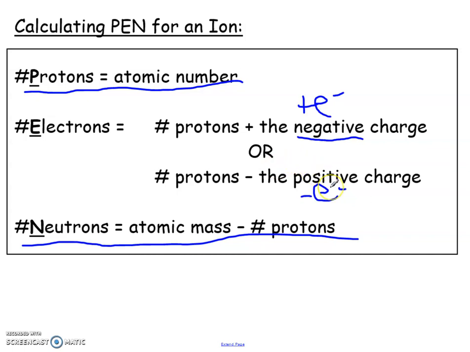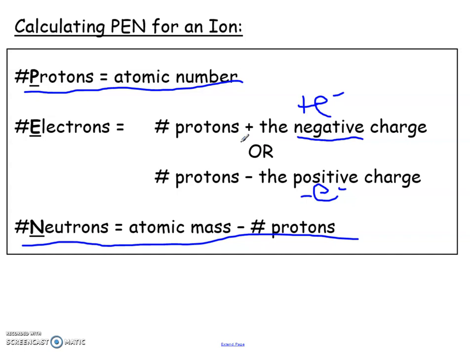If you have a charge of, let's say, +2, that means you have lost 2 electrons. So you would take your number of protons and subtract the 2 electrons that have been lost. You have to think, has it gained electrons or has it lost electrons, and then change the number accordingly.